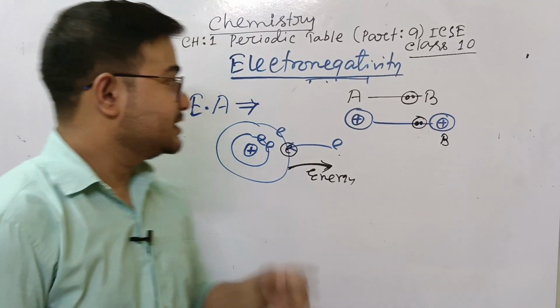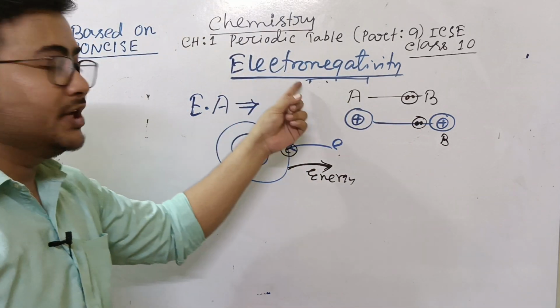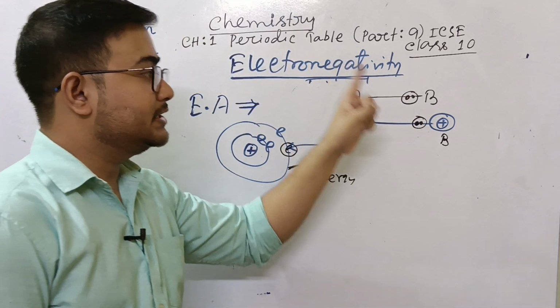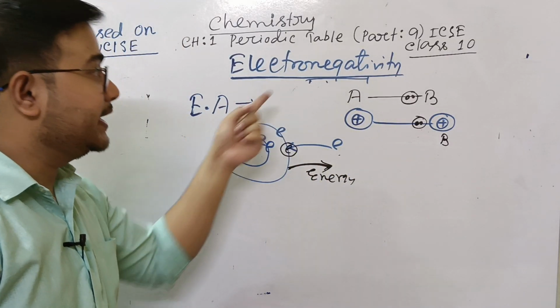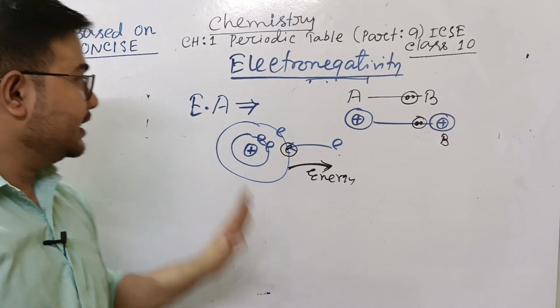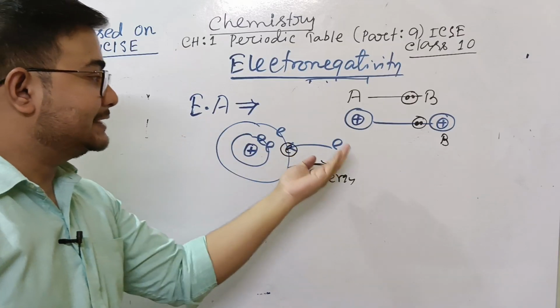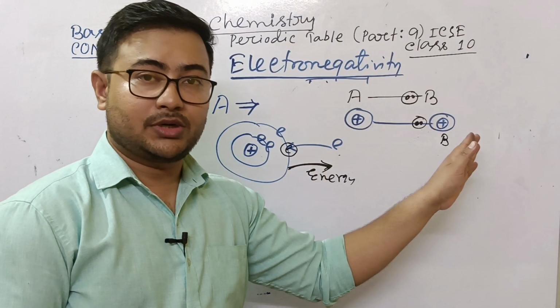Clear or not? Within this short time you will clear your concept of electronegativity with the definition, with the diagram, and again electron affinity and the difference between electronegativity and electron affinity. In electron affinity there is acceptance of an electron, and here just attraction, pulling the electron towards itself.